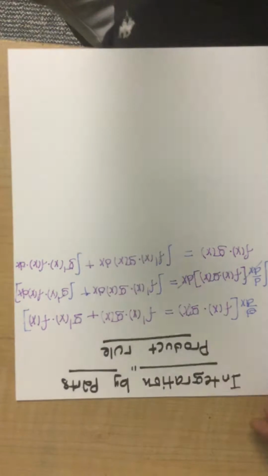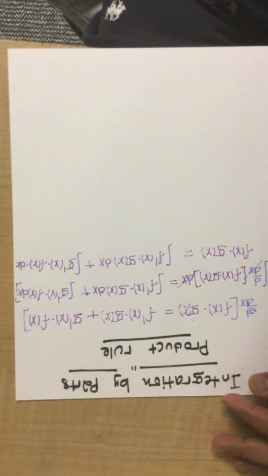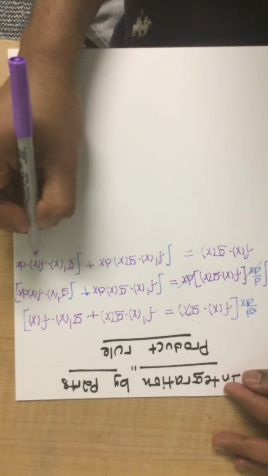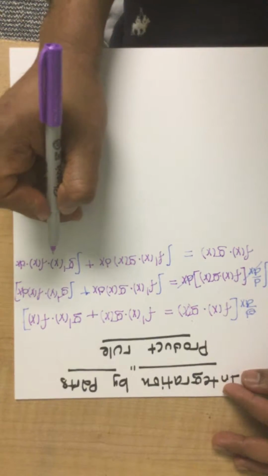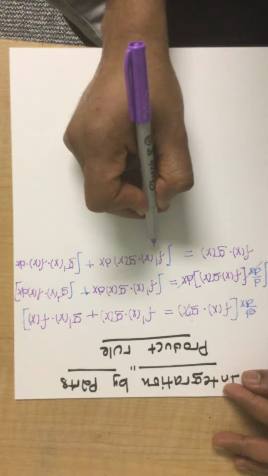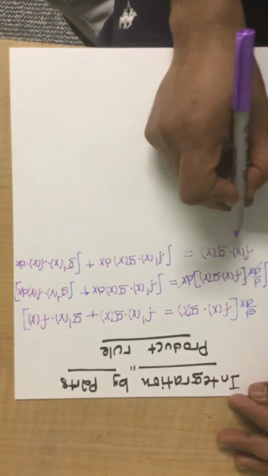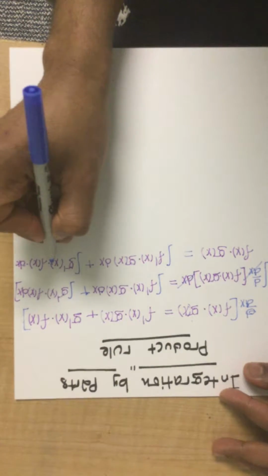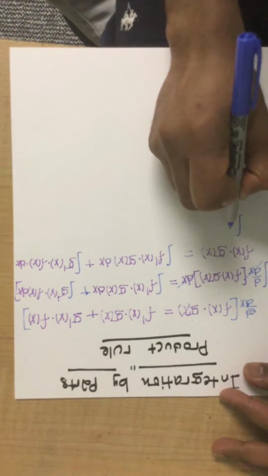All right. My step 2 is going to be to solve for the integral of g prime of x times f of x dx. So I'm going to isolate this part on one side, and subtract the integral of f prime of x g of x dx. So I'm going to write this one here again.